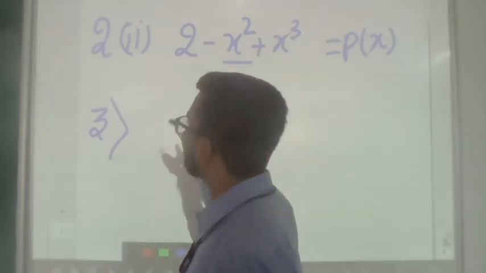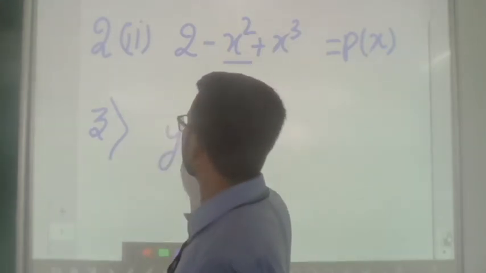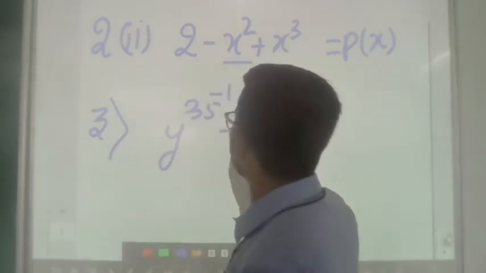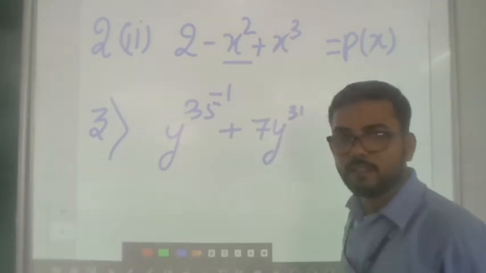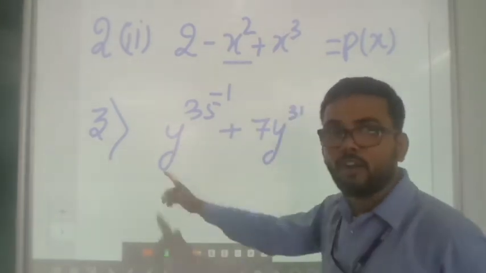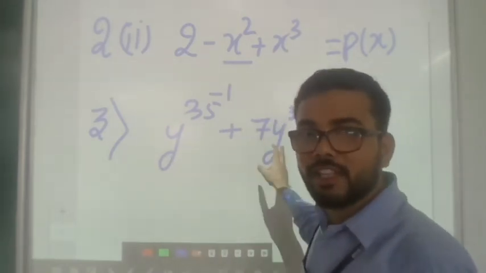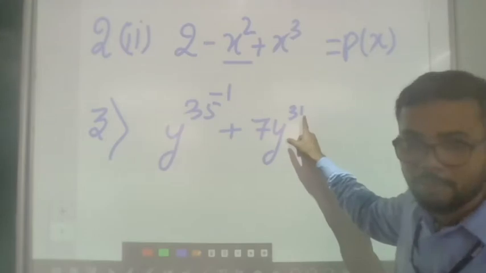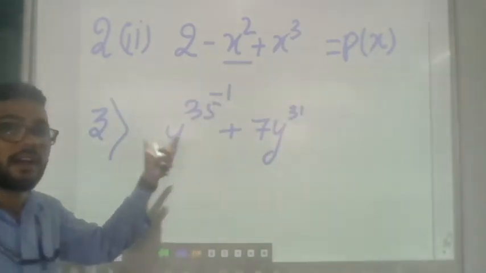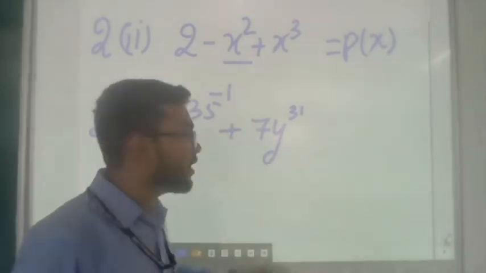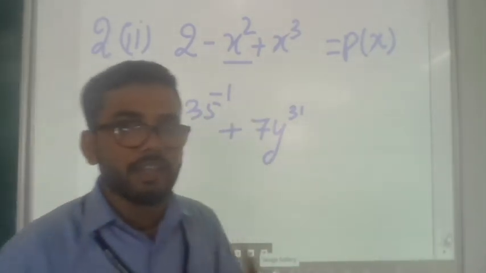So you can write any polynomial having two terms, like y to the power 35 plus 7y to the power 31. This is a polynomial of two terms, and it is a polynomial because both the variables have non-negative integral powers, and the highest power of the variable is called the degree. So the degree of this polynomial is 35 because 35 is its highest power.